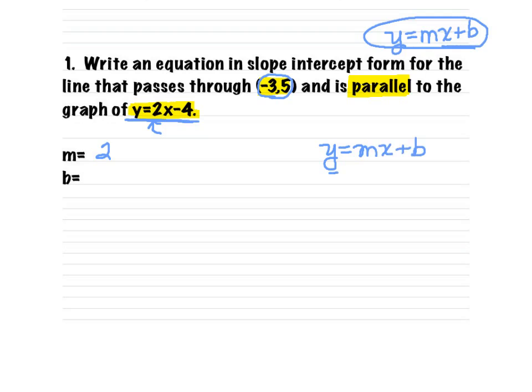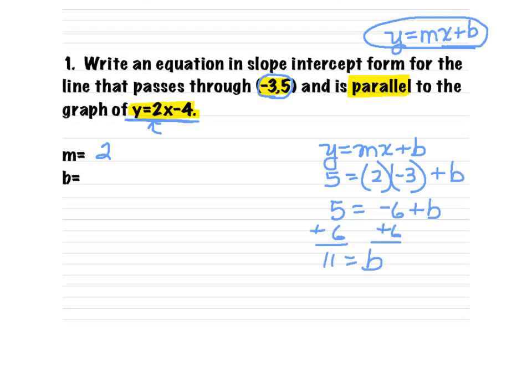Let's substitute 5 for y, 2 for m, negative 3 for x, so that we can solve for b. Okay, here we go. 5 equals negative 6 plus b. Let's add 6 on both sides, and 11 equals b, so b equals 11.